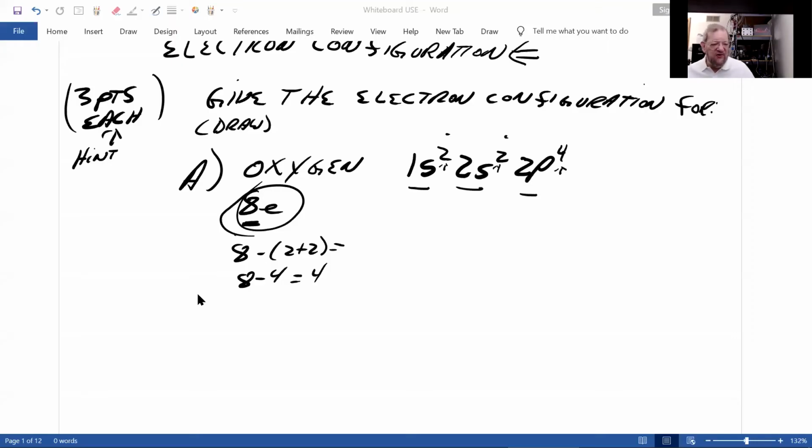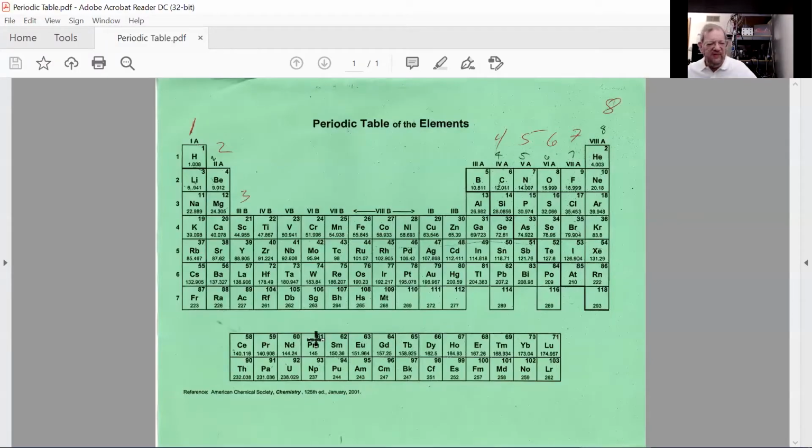All right, let's have you have some fun. Why don't you draw the electron configuration for sodium? Now, the first thing you need to know is how many electrons. So I better show you the periodic table. I'll give you 10 seconds to find that out.